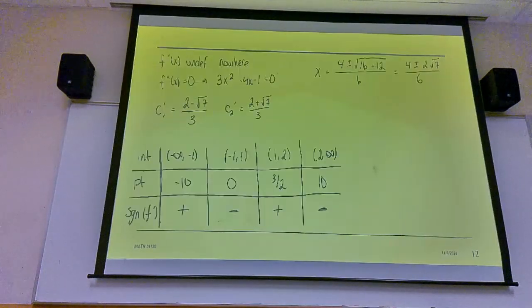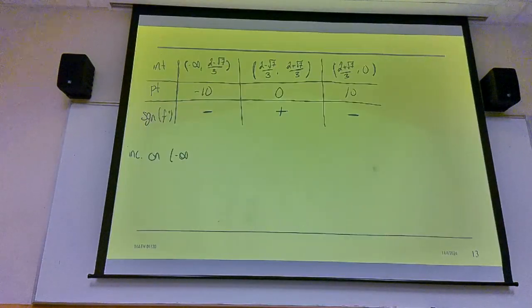Increasing whenever f prime is positive. Minus infinity to minus 1 and 1 to 2. Decreases whenever f prime is negative.